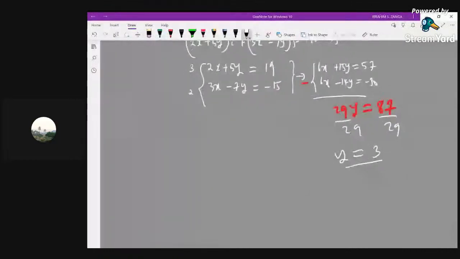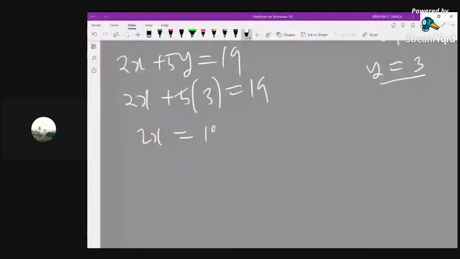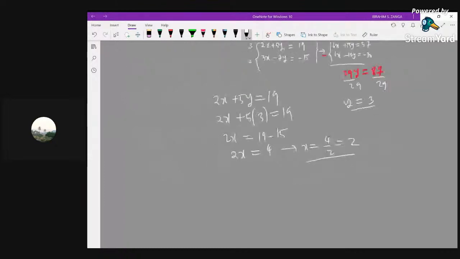Having y equals 3, I'm going to substitute it in 2x plus 5y equals 19. So 2x plus 5 times 3 equals 19. We are going to say that 2x equals 19 minus 15. 2x will be 4, meaning that the value of x equals 4 over 2, which is going to be 2. Check the question.